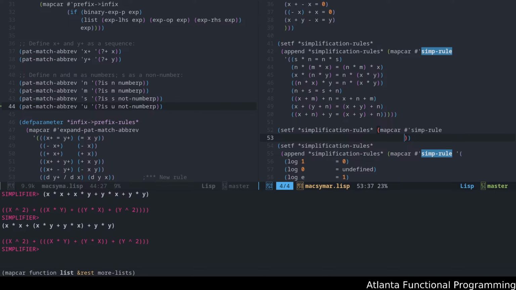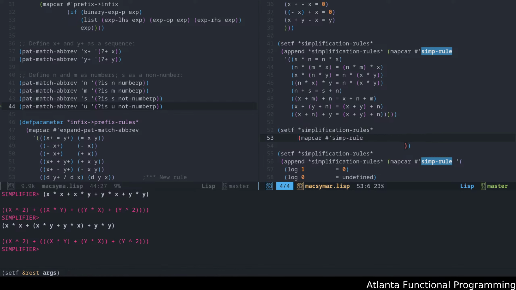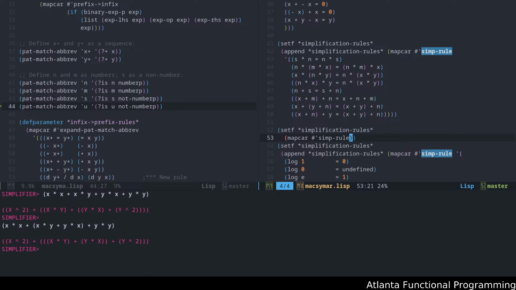Oh wait, I'm dumb. My apologies. Do this. And append simplification rules with the... okay.